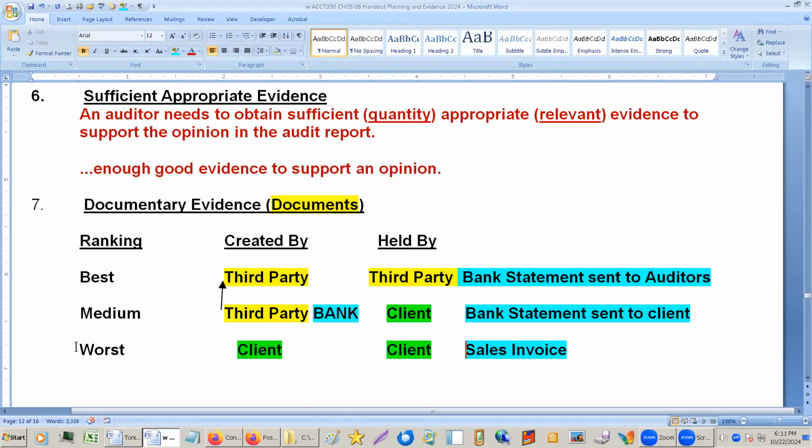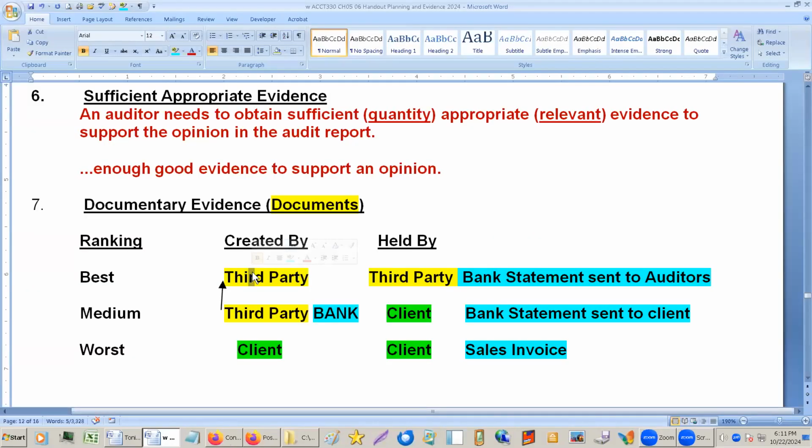The worst evidence is the stuff that the client makes. In fact, the rules are that you cannot use that as your primary evidence. You cannot depend solely on their accounting system as evidence for an audit. In other words, you have to have some of this.